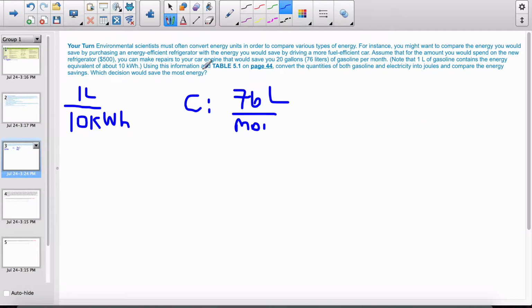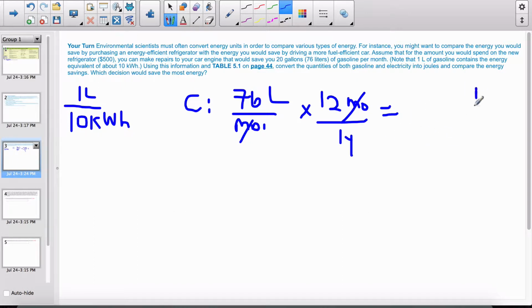Because the previous question was per year, I want to figure out how many liters I'm going to save per month. There's 12 months in a year, so 12 months per 1 year. And that should cancel out the months so that I know how many liters I use per year.